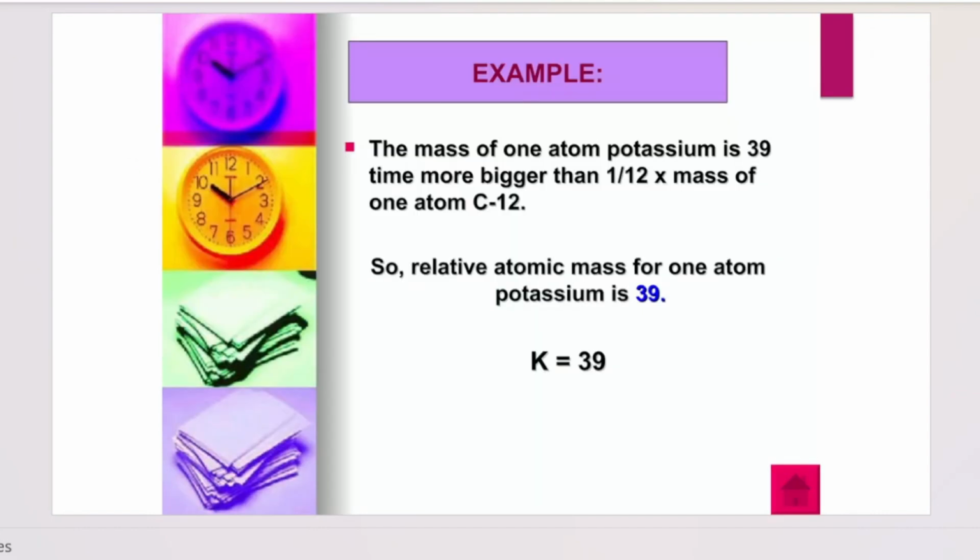Look here, children, I have taken the example of potassium. One atom of potassium is 39 times heavier than 1/12 mass of C12. So the relative atomic mass for one atom of potassium is 39U, unified mass.